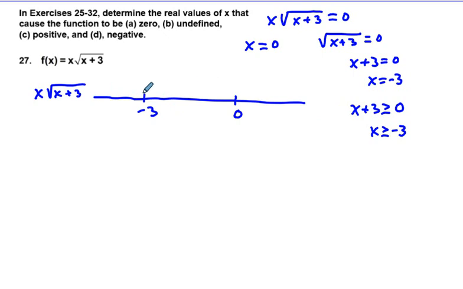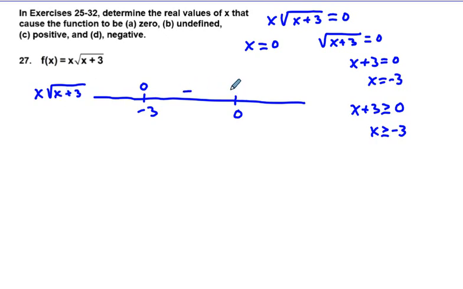So just evaluating what we have here, at negative 3 we have 0 times negative 3, which is 0. Between negative 3 and 0 we're going to have a negative times a positive. The square root of x plus 3 is positive wherever it exists, so we're going to have negative here.